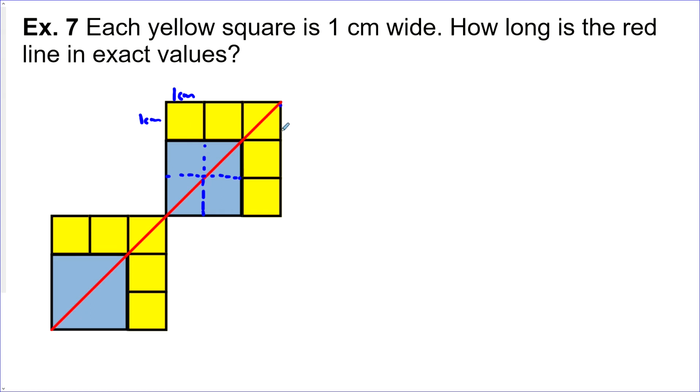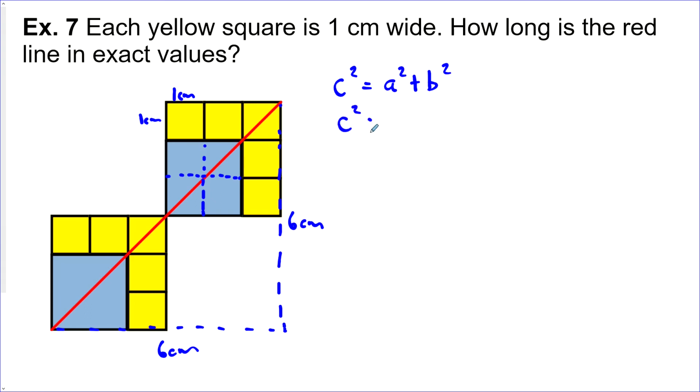So we see if we make a giant triangle here all the way down, and a giant triangle here, this would be 1, 2, 3, 4, 5, 6 units, or 6 centimeters. And same with this one, 6 centimeters. And then we want the red line, so it's just c squared is equal to a squared plus b squared.